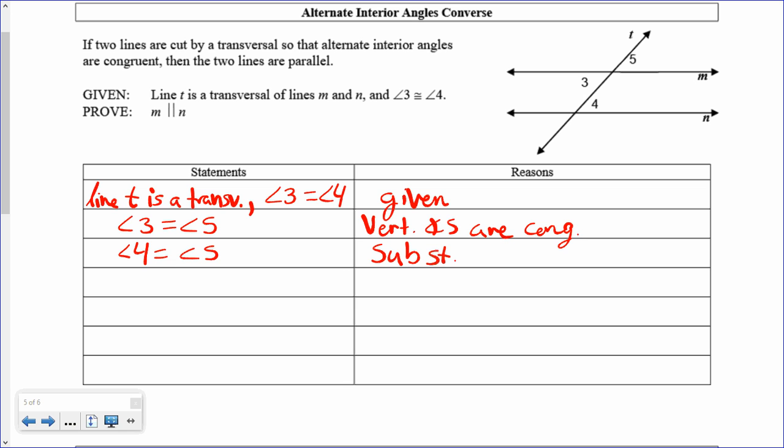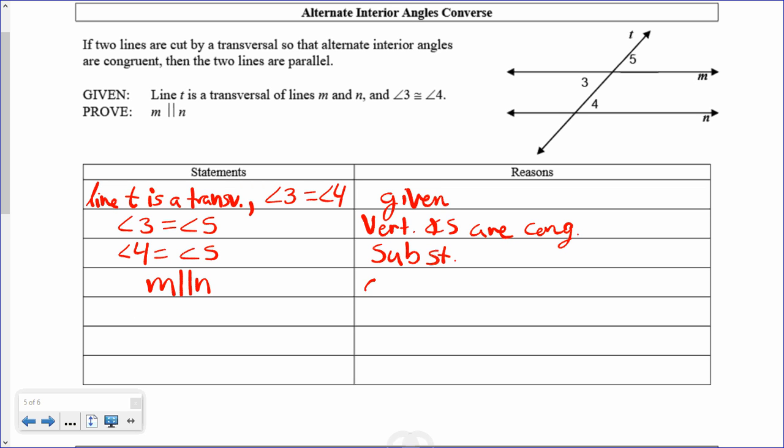So now that I've switched it to the postulate, which remember postulate is always true, you don't have to prove that one, how can I go from the fact that 4 and 5 are congruent to conclude that my two lines are parallel? Postulate converse. Yes. Because I have corresponding angles that are congruent, I can then say that the lines are parallel based on that converse.